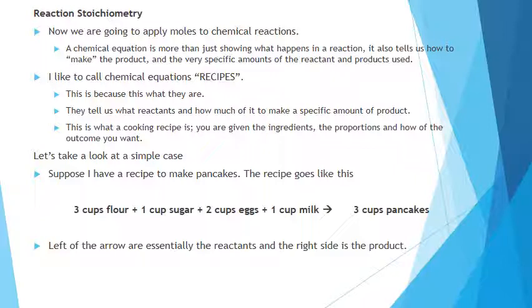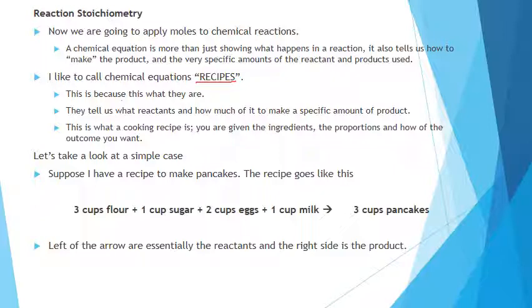Now, to reaction stoichiometry. Now we're going to apply moles to chemical reactions. A chemical equation is more than just showing what happens in a reaction. It also tells us how to make the product and the very specific amounts of the reactant and product that are used. I like to call chemical equations recipes.